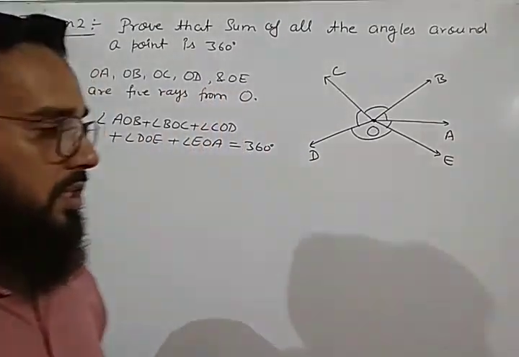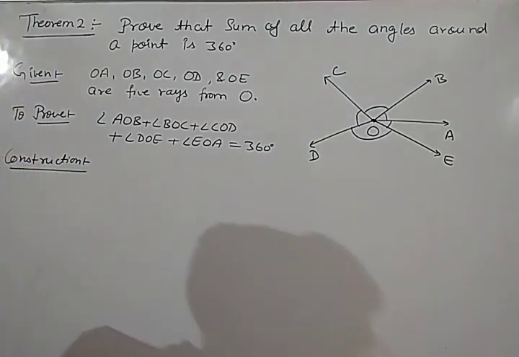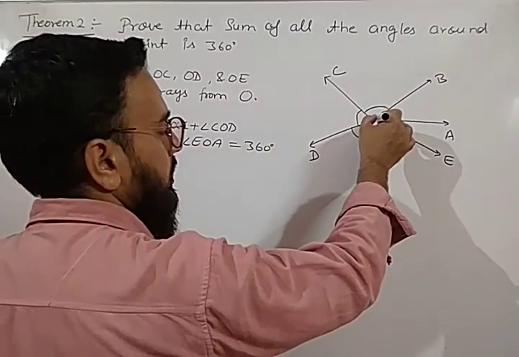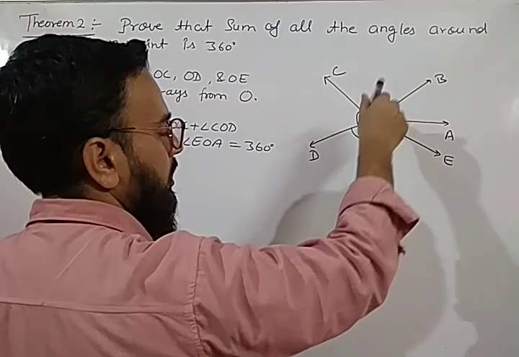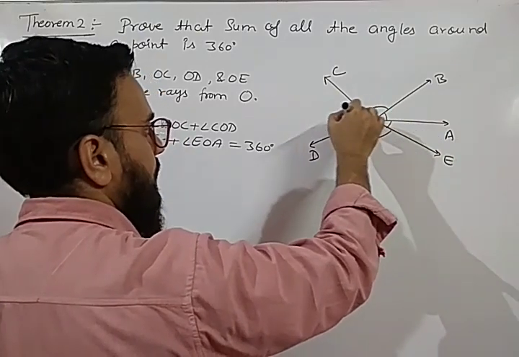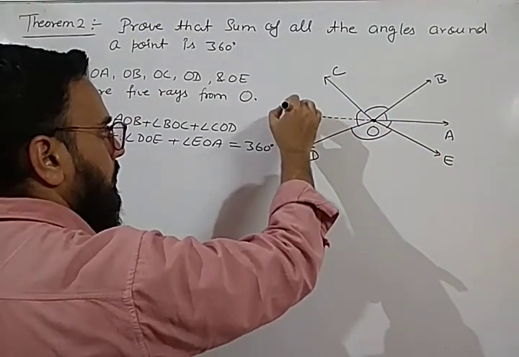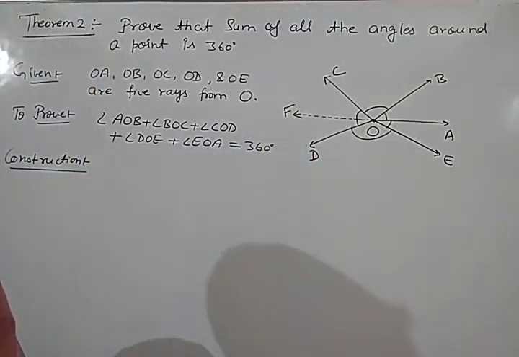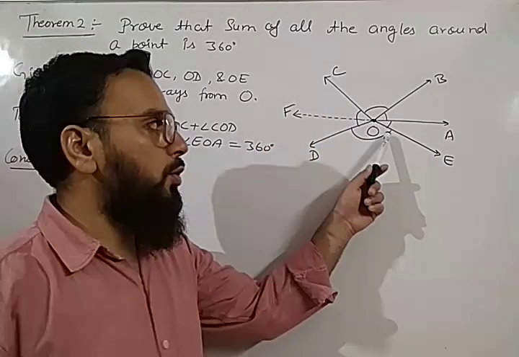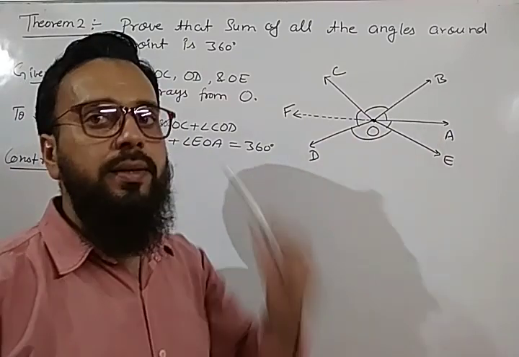So there is no opposite ray. So if we do a construction, let us draw a ray OF which is opposite to OA.